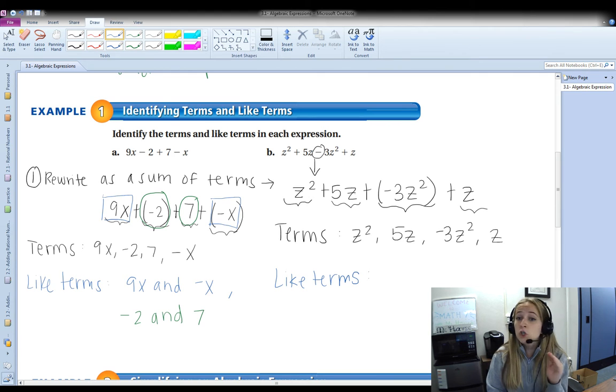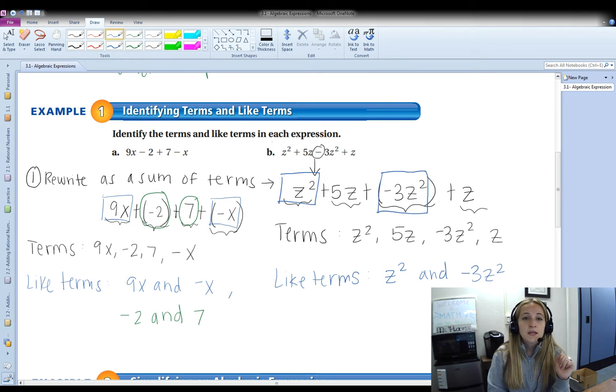So therefore, those are not like terms, okay? But over here, I have a negative 3z squared. Now these, I'm going to draw a box around them. They have the same variable and they are raised to the same exponent. Therefore, those are like terms. So I'm going to write down z squared and negative 3z squared, okay?